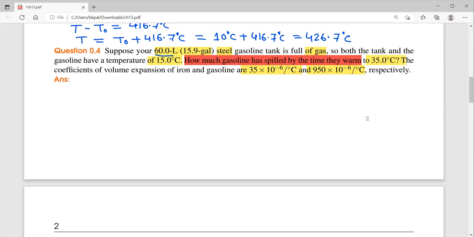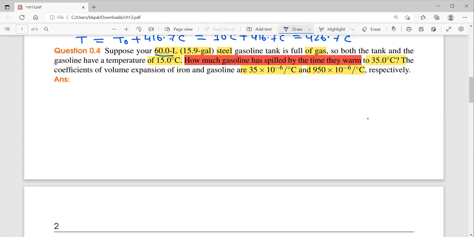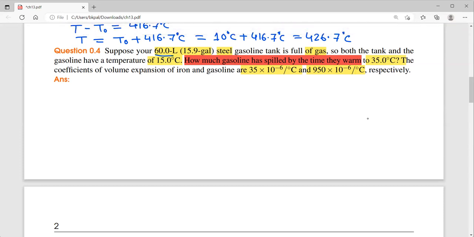All right, so let's see. Here we basically have to solve the volume expansion both for the steel tank and for the gasoline. So we first determine delta V for the tank and then for the gasoline. Then we determine how much gas is spilled when the temperature is changed by 20 degrees Celsius.